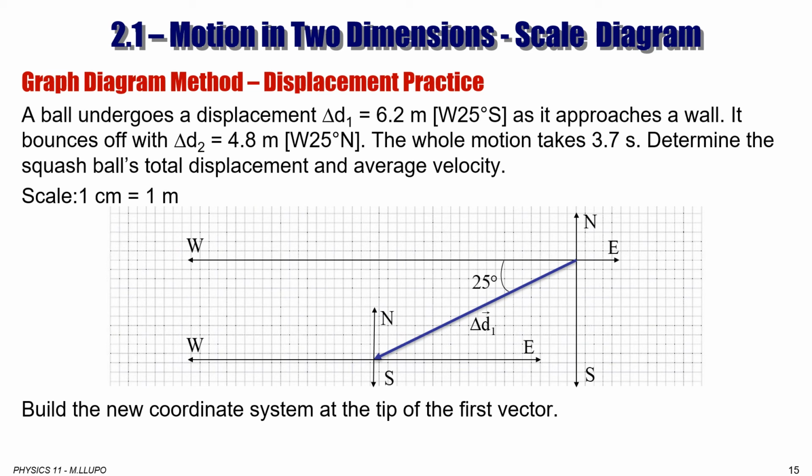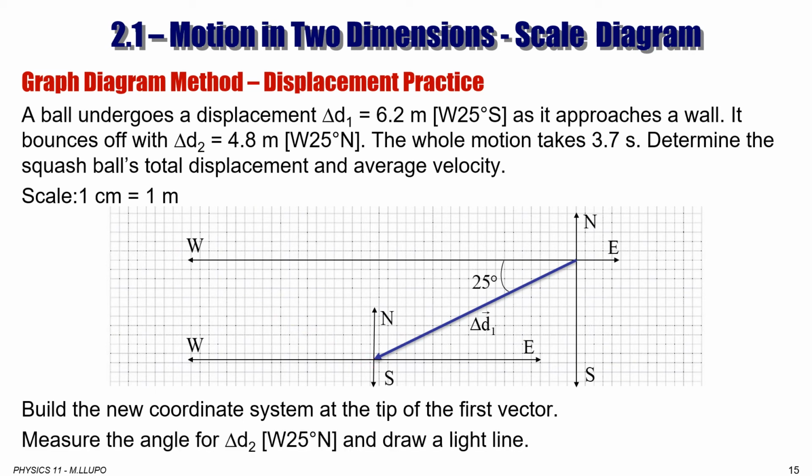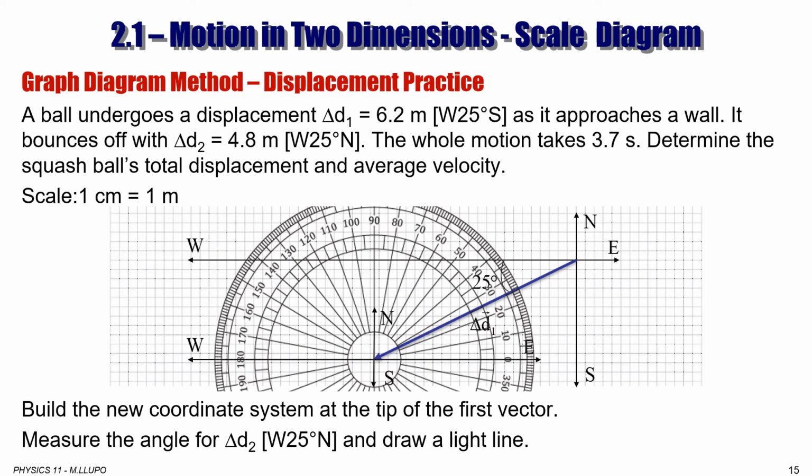So you draw a second coordinate system where the tip of vector 1 is, because there is where vector delta D2 starts, which is going to measure between west and north. So it's going to be something in that direction, but it has to be accurate. That's why you need a protractor. Then you count from 0 here to 10, 20, 25.